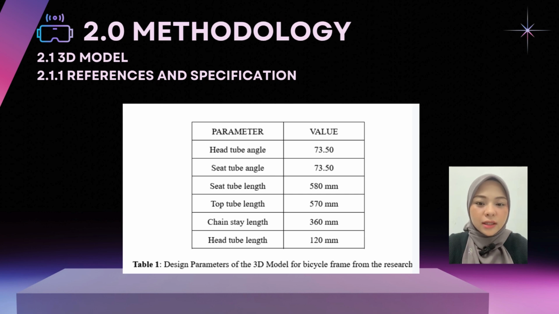These specifications were important to ensure our model reflects a realistic and functional bike frame. As shown in the table, the geometry includes angles and length for various parts of the frame such as the seat tube, head tube, and top tube. These values were then used to construct our 3D model.